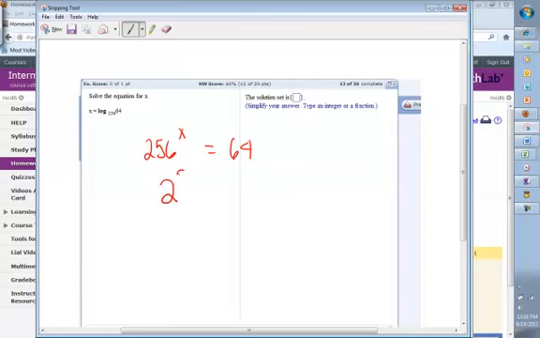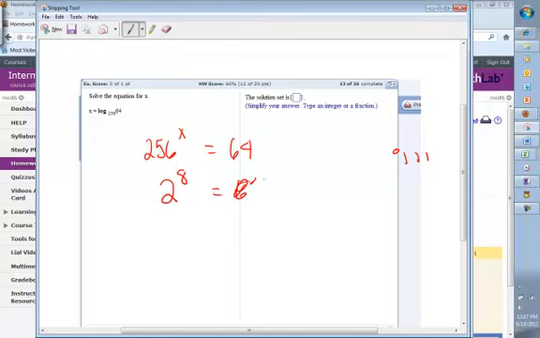This is 2 to the 8th, and you can do that by pressing 256, shift, factoring key, which gives 2 to the 8th.